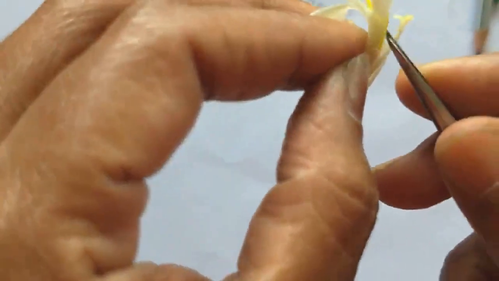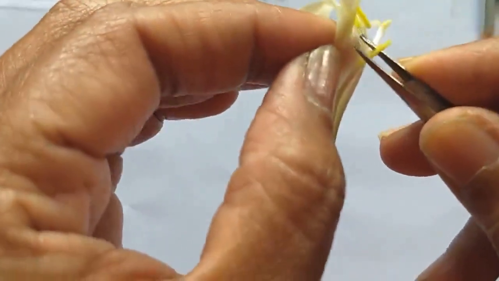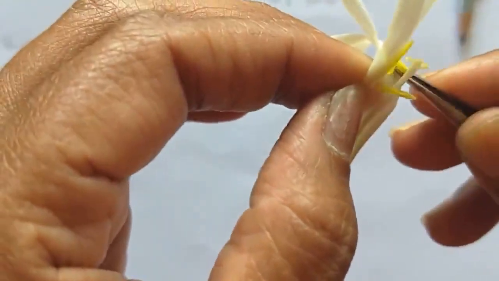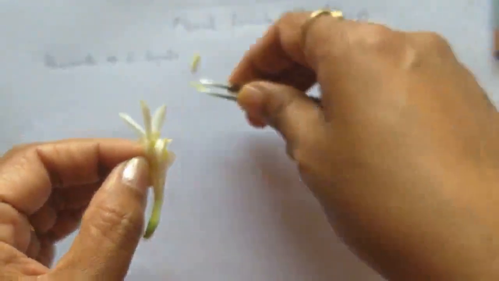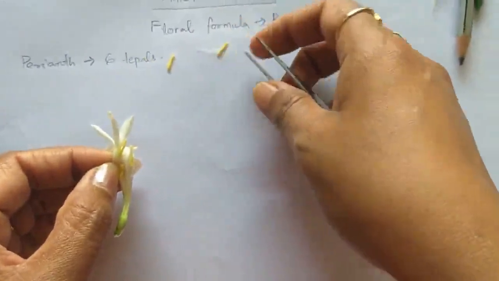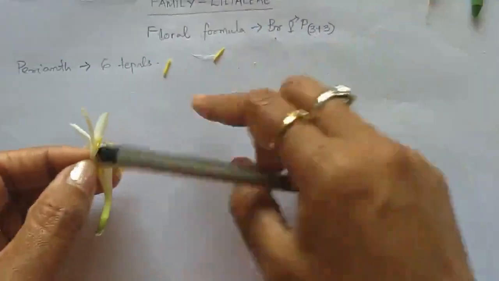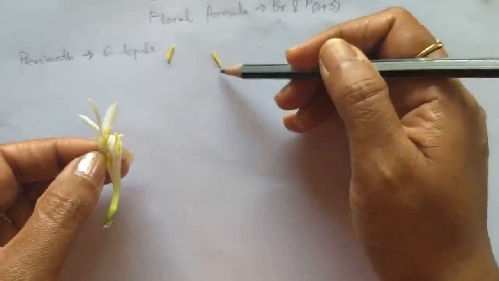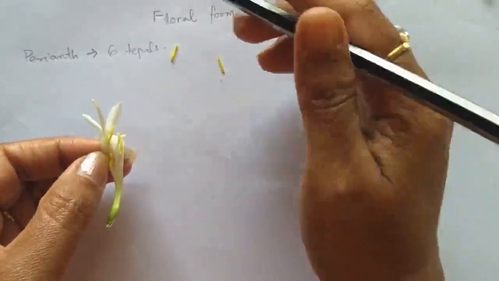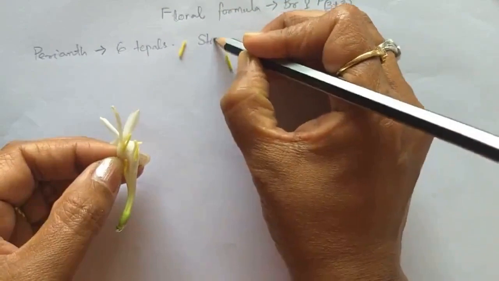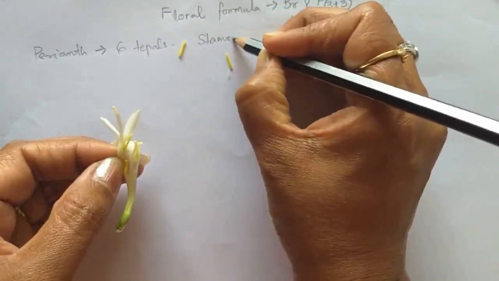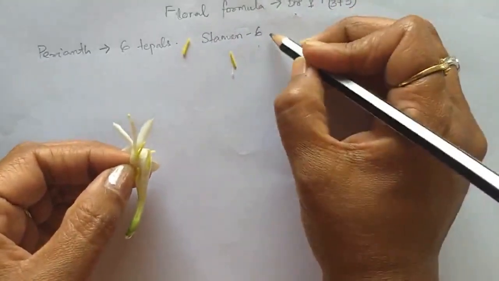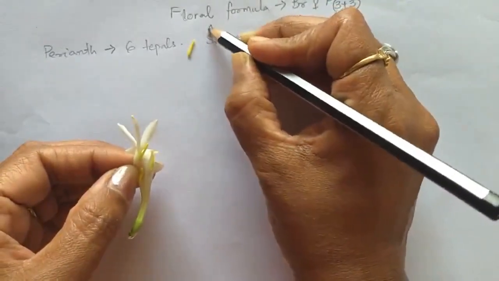Okay, just take it out. You can see here, this is the anther lobe and this is the filament. So I am writing stamens 6, and it is the epiphyllous condition.